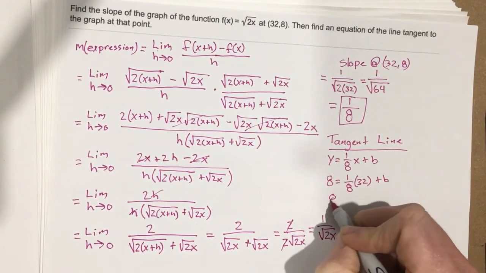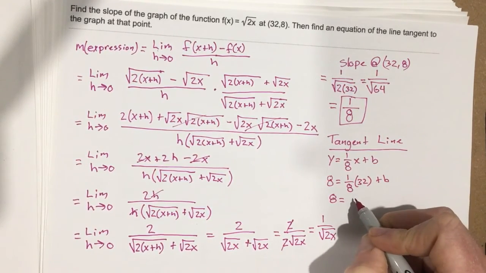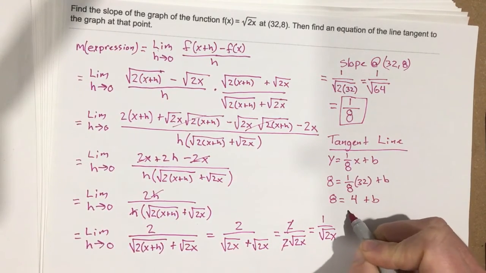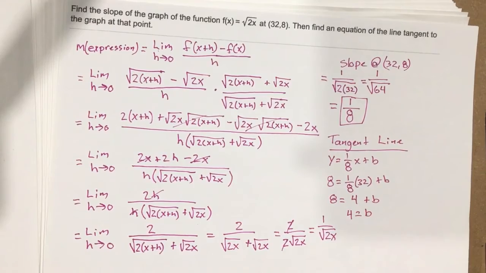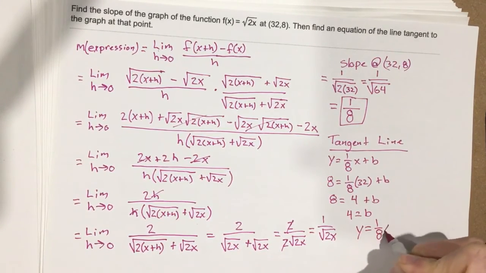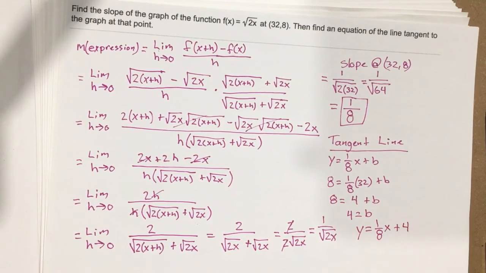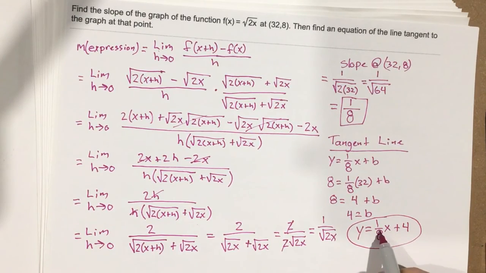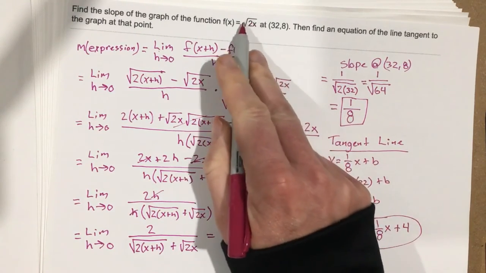So I have 8 equals 1/8 of 32 is 4 plus b. I subtract it across, I get 4 equals b. So my tangent line should be y equals 1/8 x plus 4. This is the line that's tangent to this function here at this point.